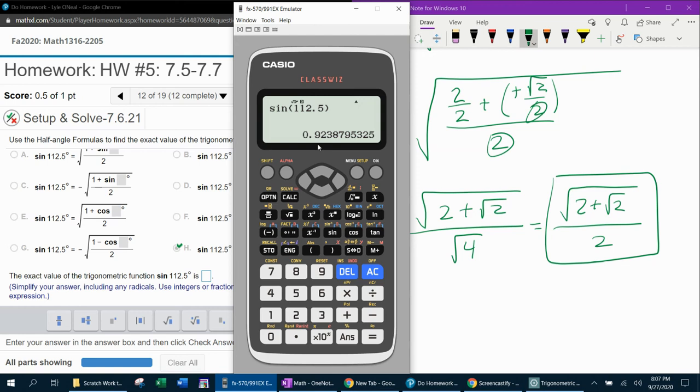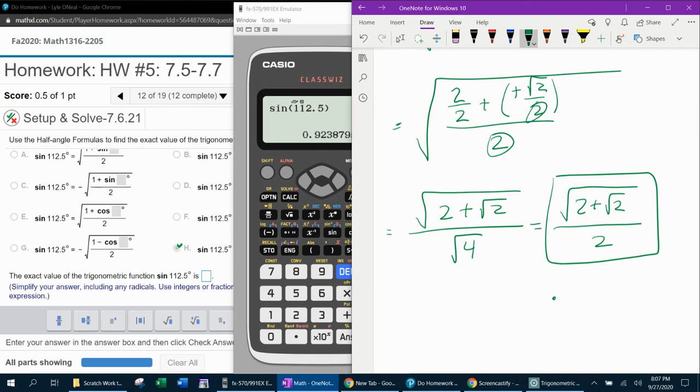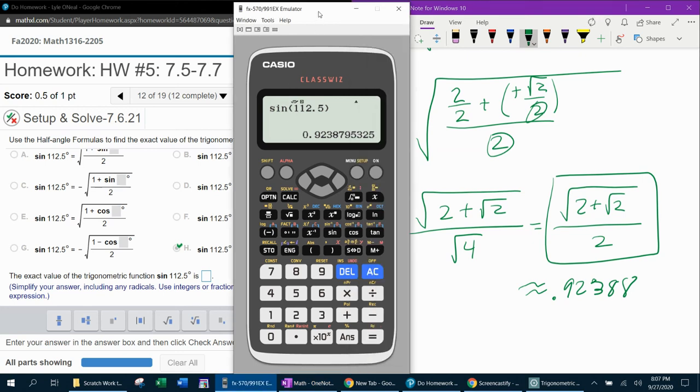So I'm going to write that down. That is 0.92388 rounded, approximately. And so now let's put that square root answer in the calculator and see if we get the same approximate value.